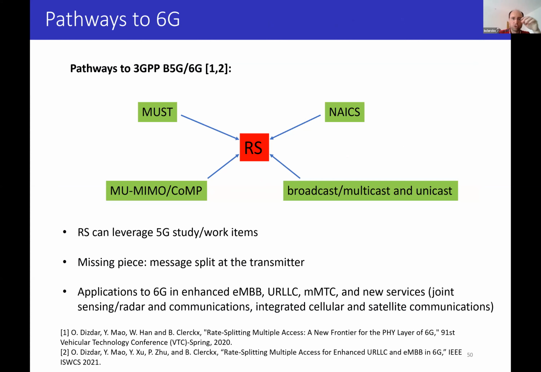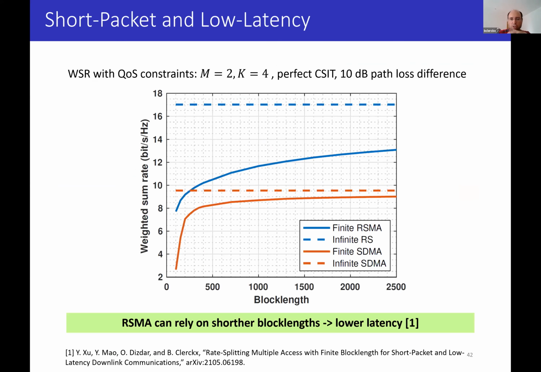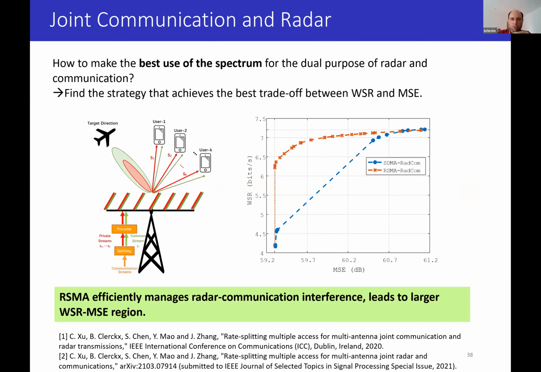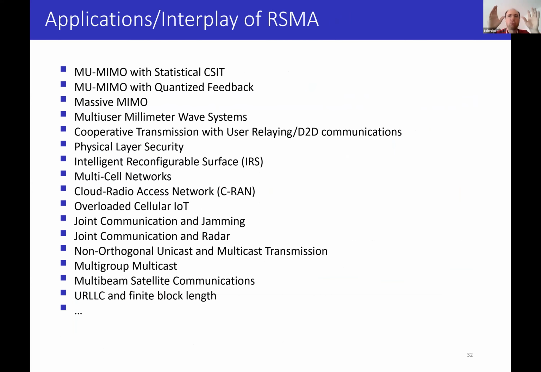Essentially, for all the topics I listed here, rate splitting can be used, and there can be many more. The reason why it's applicable to so many different scenarios is because the communication theoretic idea and concept is very, very fundamental. And so whenever you have an interference problem, rate splitting or RSMA can come and play a role.